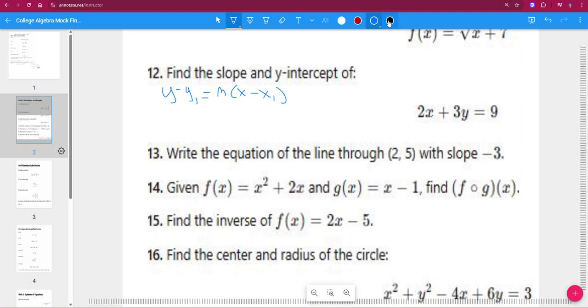Remember, this is x1, this is y1, and this is my m, my slope. Then I'm going to get y by itself. So when I plug this in, I have y minus 5 equals, my m is -3, times x minus 2.